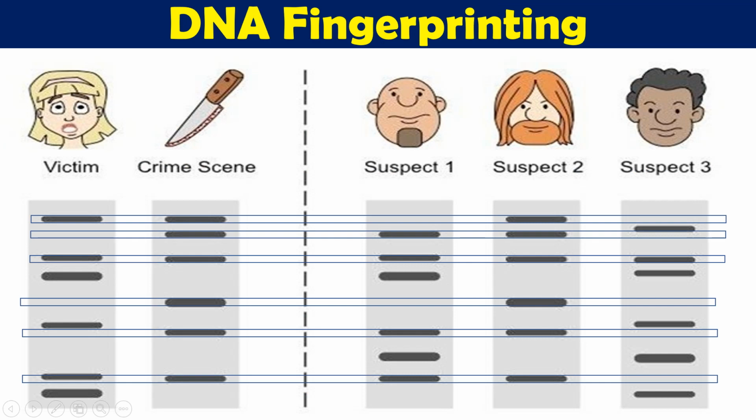But if you see suspect 2, all the DNA fragments, this one, this one, this one, all of them from the crime scene sample and suspect 2 are maximum matching. So it means suspect 2 is the criminal. By these RFLP techniques, using restriction enzymes and gel references, you can detect the criminals.